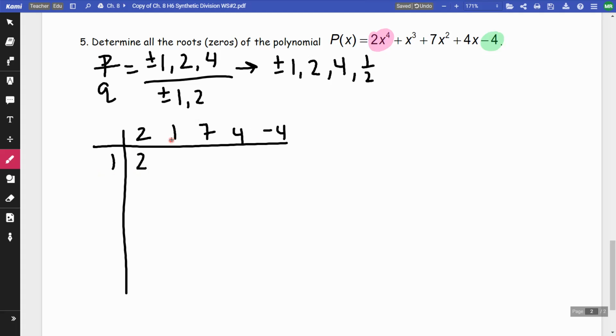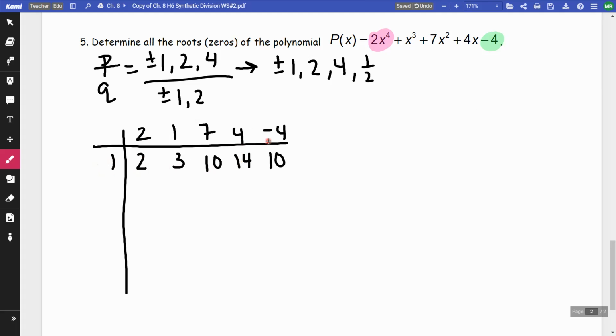I add it, I get a 3. 3 times 1 is 3. I add it, I get a 10. 10 times 1 is 10. I add it, I get a 14. 14 times 1 is 14. I add it, I get a 10.